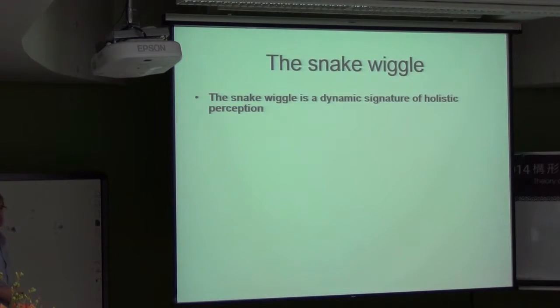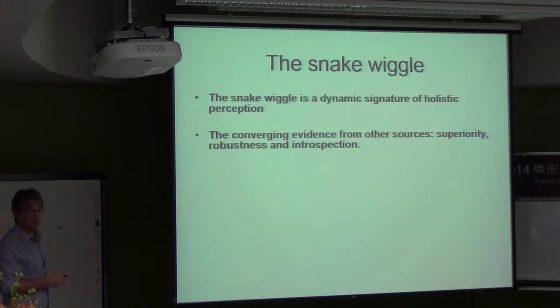So again, let me summarize. The last thing we propose is a snake wiggle, a dynamical signature of the systems factorial technology interaction contrast function, which can indicate that through learning there's a typical path to holistic processing. Instead of providing a freeze frame of the current status of your processing, it shows you how that changes over time in a regular fashion.